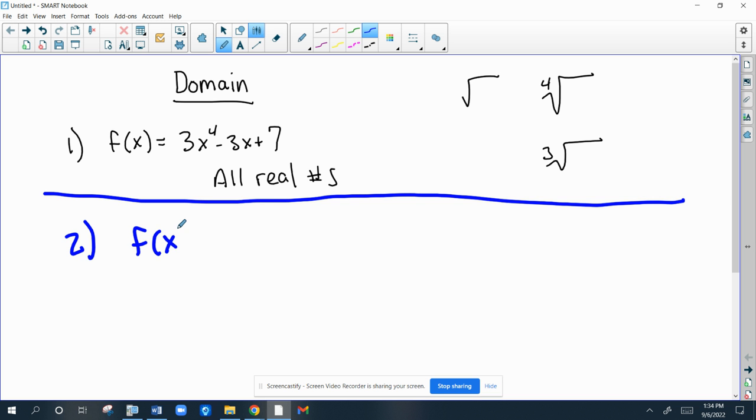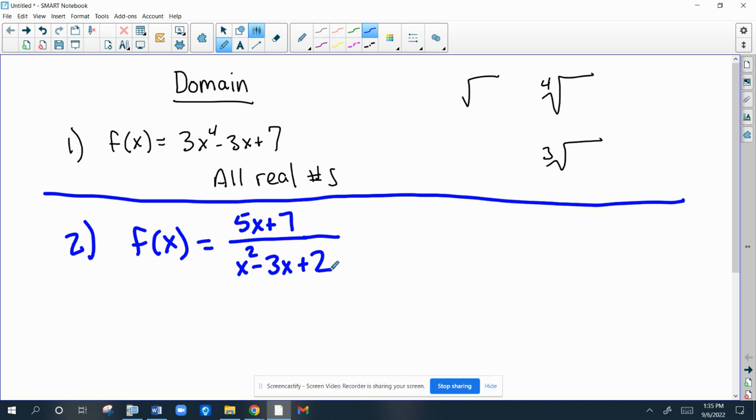Let's say f of x equals 5x plus 7 divided by x squared minus 3x plus 2. All right, so now we want to figure out the domain of this. Two things you can't do: divide by zero, and take an even root of a negative.